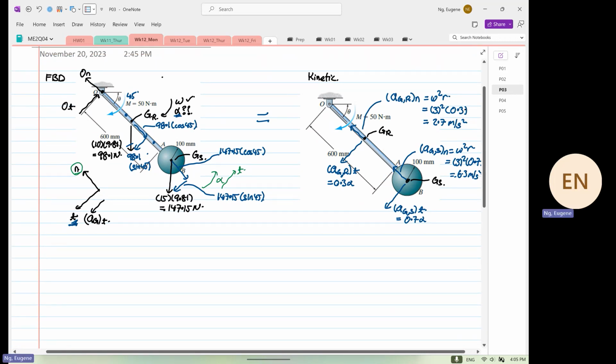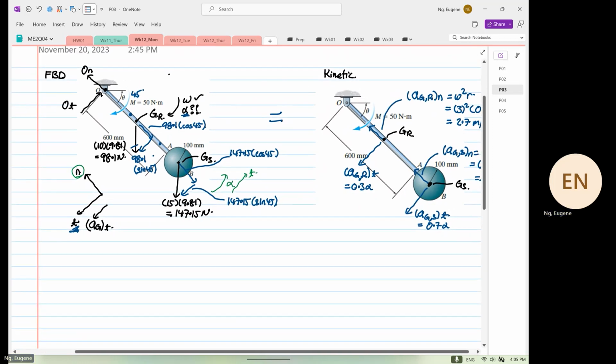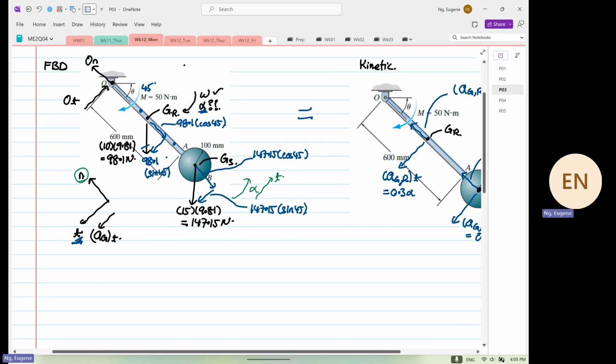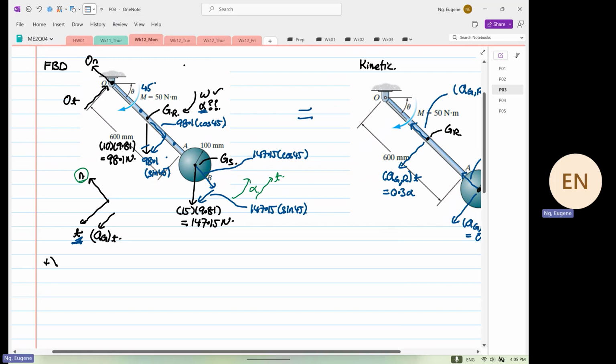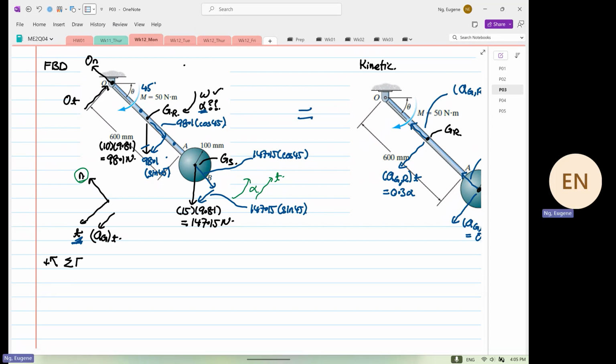Right. So like before, we are going to take moment now. So this is so far the easy part. Once you have everything right, the summation of forces in the n direction is equal to m a_g, and then we're going to take n.